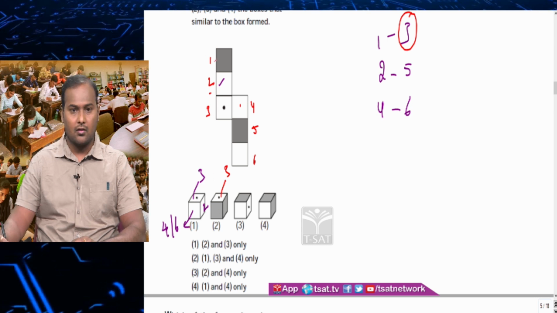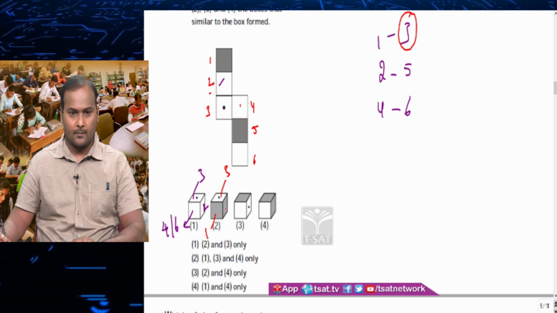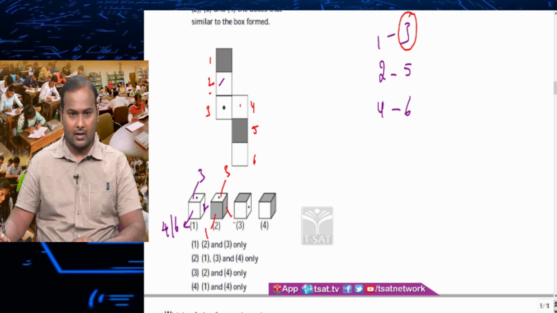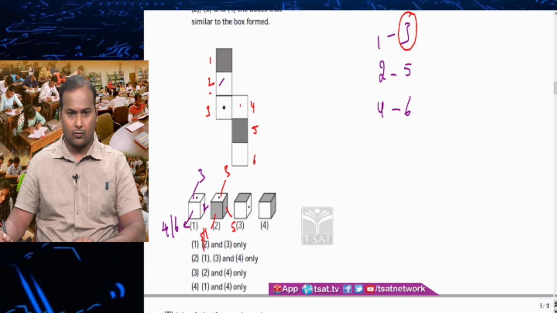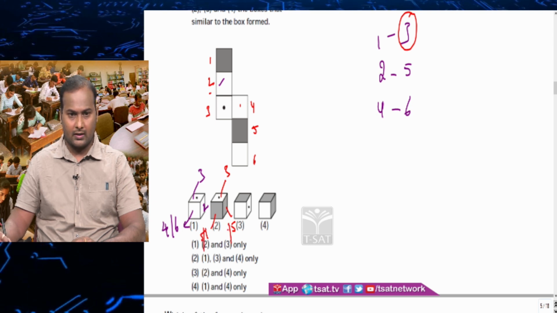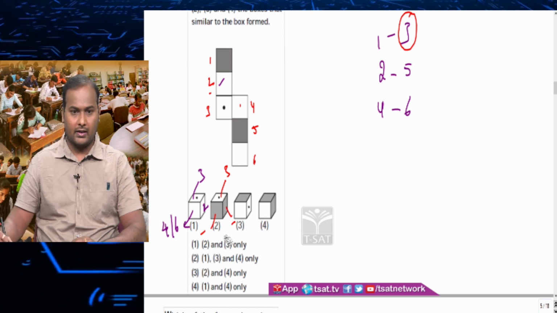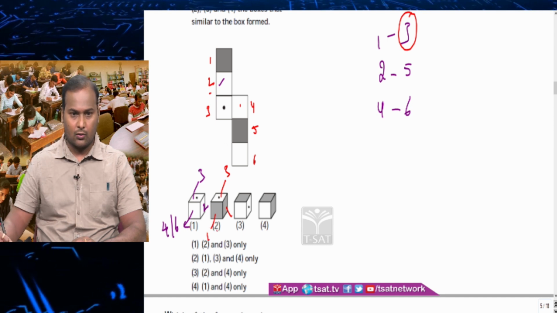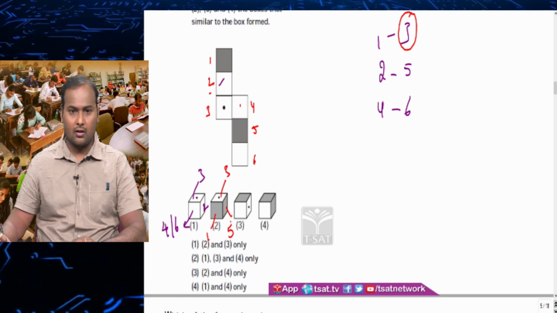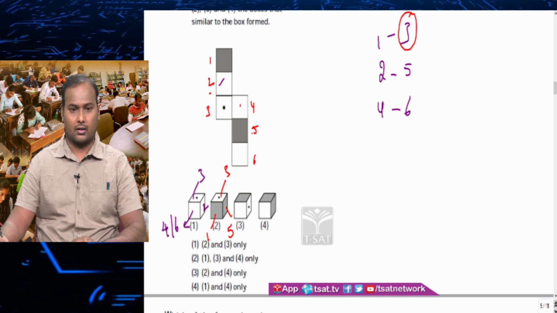That is either 1 or 5. I can take this as 1 or this as 5, or you take this one as 5 or this one as 1, it doesn't matter. So you can take any one. Once I take one side as 1, the other one is 5, because both are dark color. In this particular figure, only 1 and 5 are dark color.